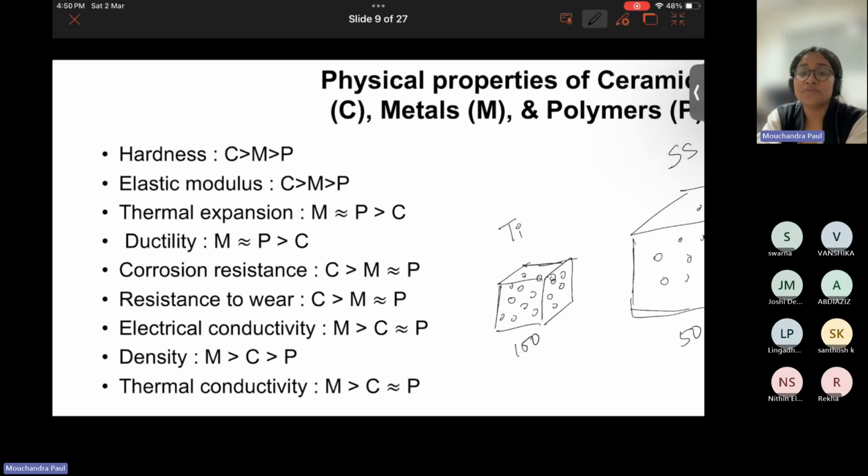Whereas metals, as I told you, are ductile and malleable, which means we can easily transform them into wires, plates, or sheets. They don't have very high resistance to a deforming force, whereas it is very difficult to shape a ceramic material.